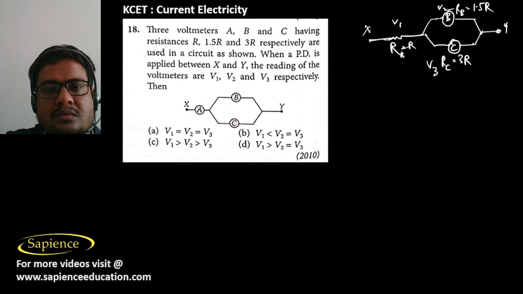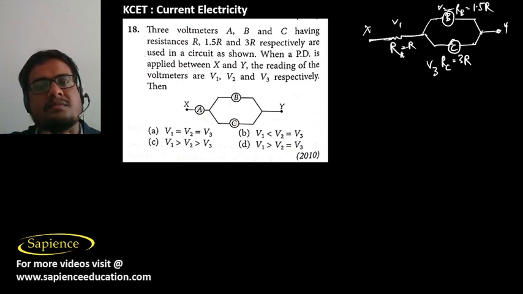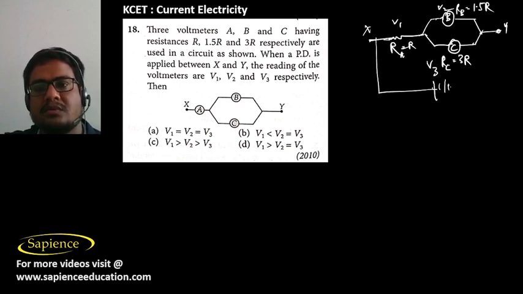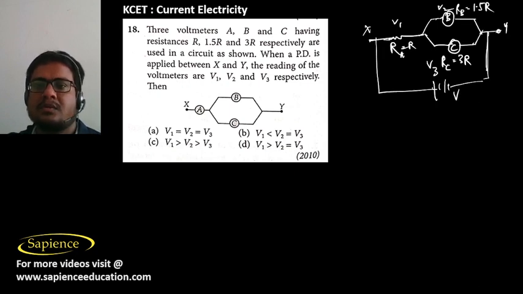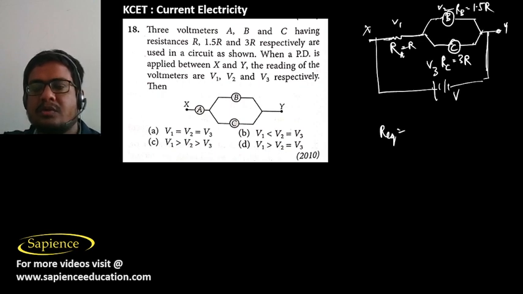So potential difference E is applied across X and Y. Potential difference is V, suppose. So then the R equivalent will be this 1.5 R and 3 R are connected in parallel.